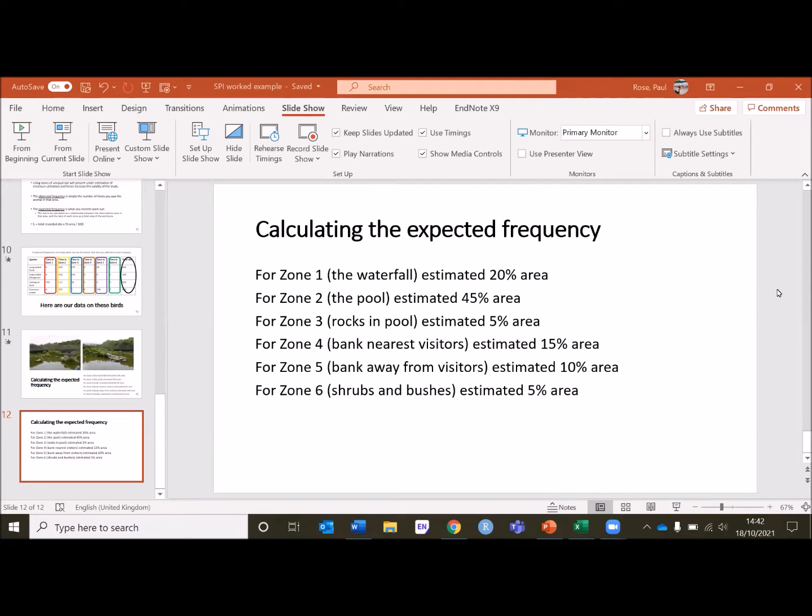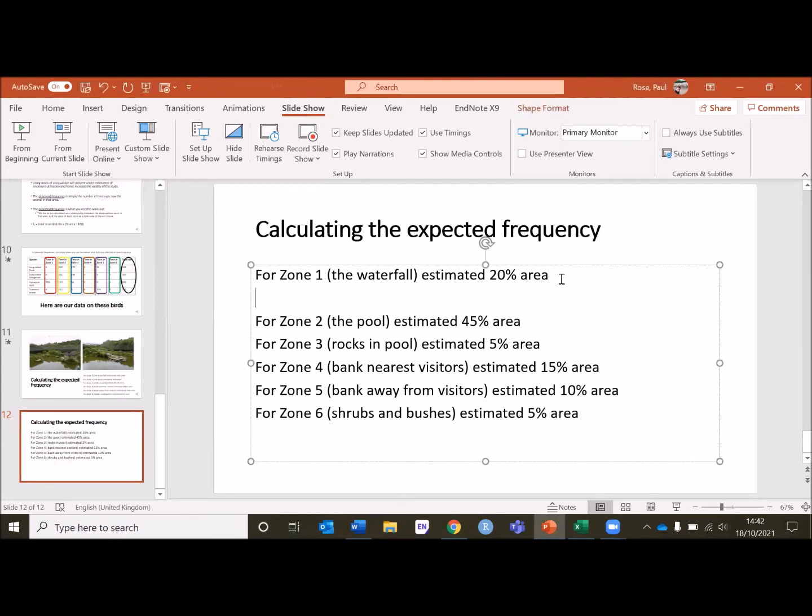You need your estimated percentage area of the enclosure, and you divide that by the total space available. So for zone 1, 20% divided by 100, which is obviously the total, gives us 0.2. 0.2 multiplied by the overall observation time of 500 minutes gives us an expected frequency of occupancy in zone 1 of 100 minutes.